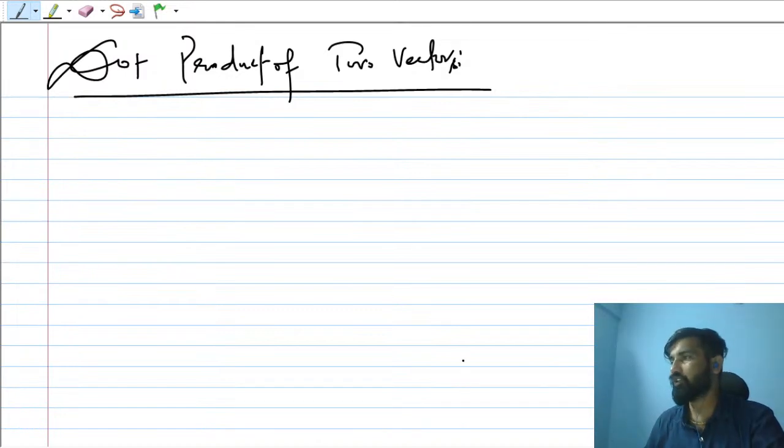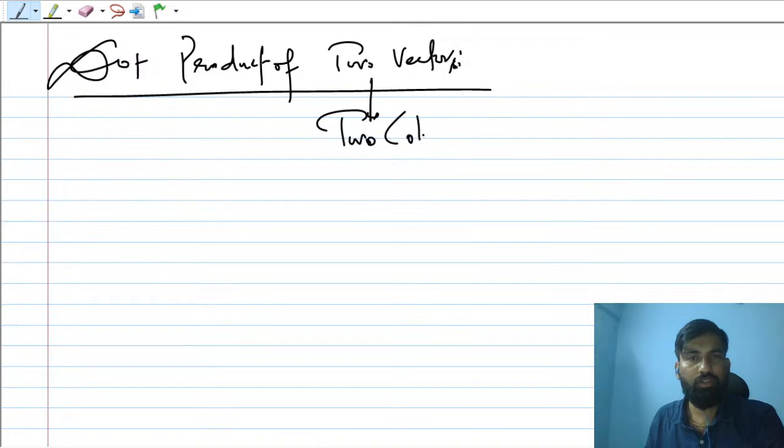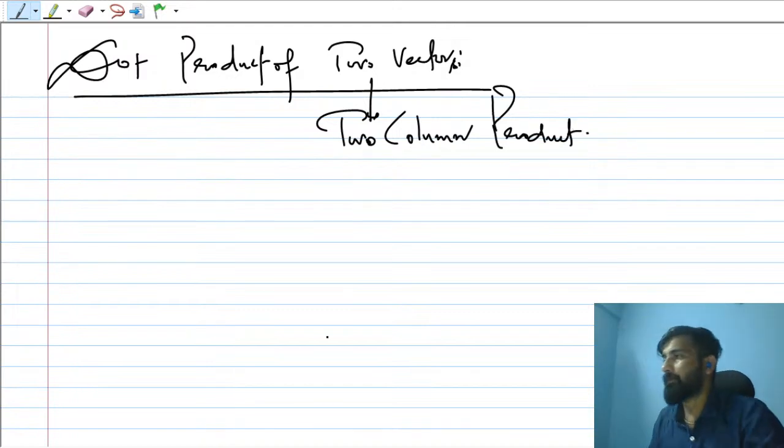So suppose we are talking about the dot product of two column vectors. Two column vectors, that you have to understand. Okay. So suppose we have been given two vectors.